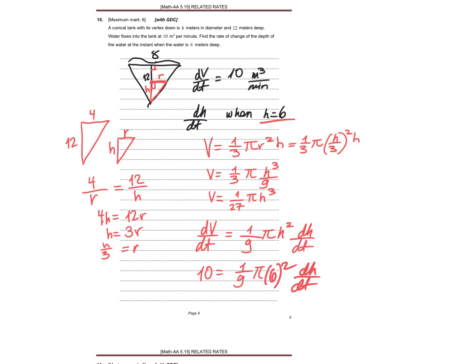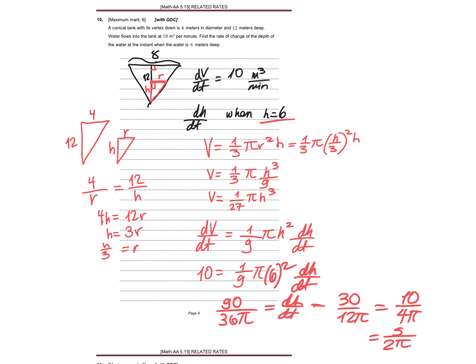All right, so we're going to have 90 over 36 pi is dh/dt. So if we divide that by 3, 30 over 12 pi, and then divide that by 3 again, okay, 6 should have been, and then 2. And this is dh/dt, so this is in meters per minute.